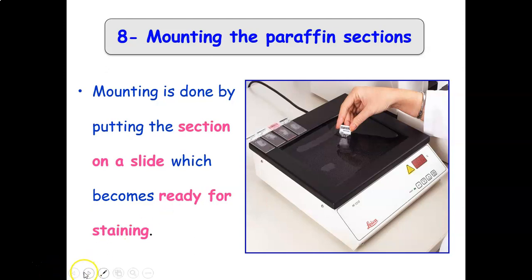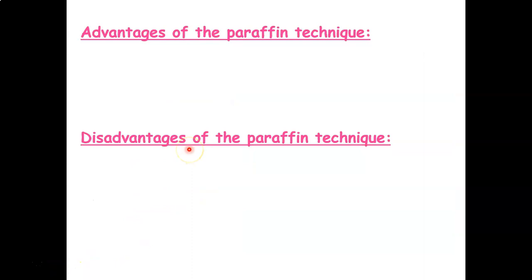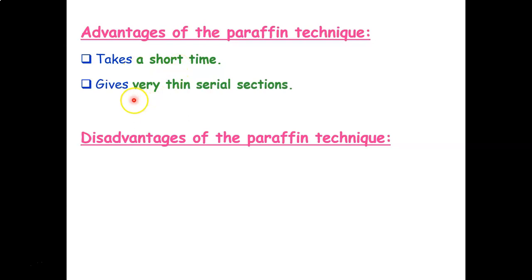At this point, I have to stop and think about the advantages and disadvantages of paraffin technique. Advantages of paraffin technique: it takes short time. Paraffin technique gives very thin serial sections. What is the meaning of serial?